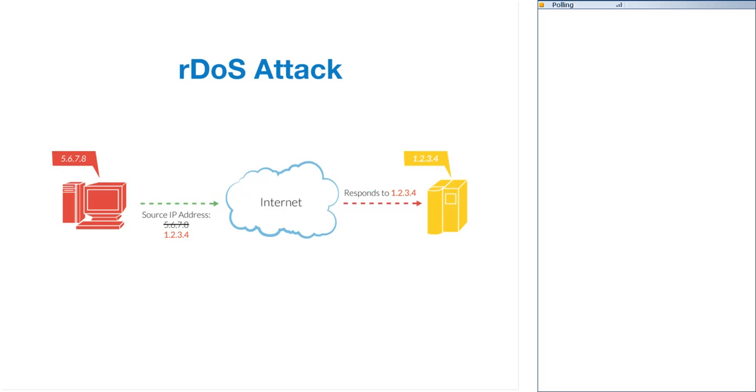When we talk about a reflected denial of service attack, what we're talking about here is now we've got 5.6.7.8 has turned red, so something has happened on this host. It's either been compromised or it's just a host that a malicious party has in its control in some way. So now when it sends a query, instead of using the real source IP address, it says, I'm asking a query, and by the way, my source IP address is 1.2.3.4.